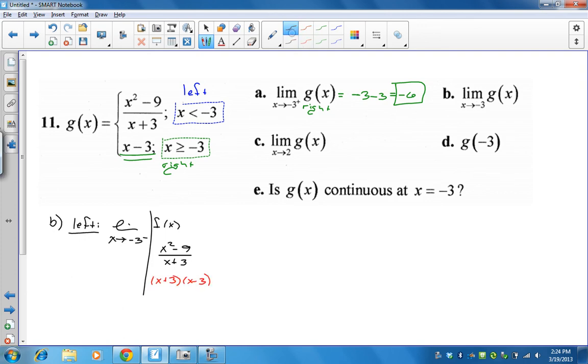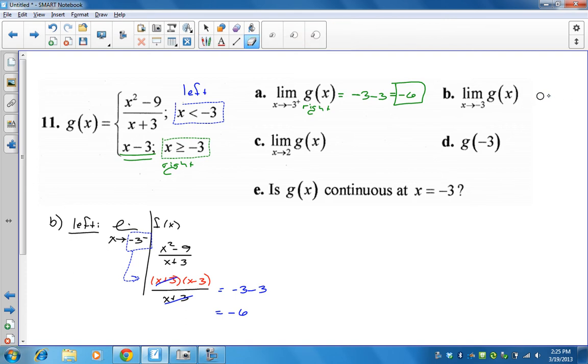My bottom will stay x plus 3. The x plus 3's cancel. And now from the left side, I can plug negative 3 into my x that's left over right here, and I get negative 3 minus 3, which is negative 6. So the left-hand side is negative 6.